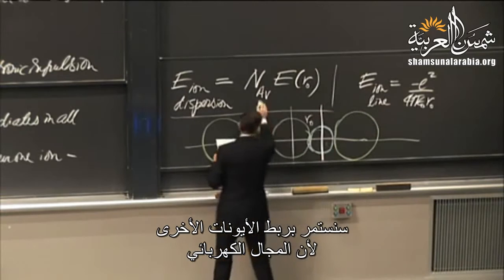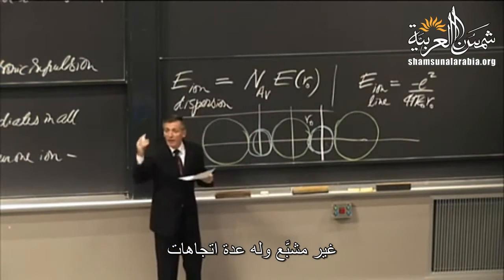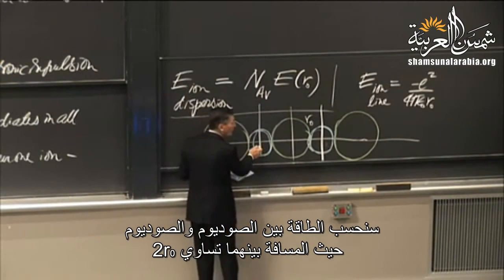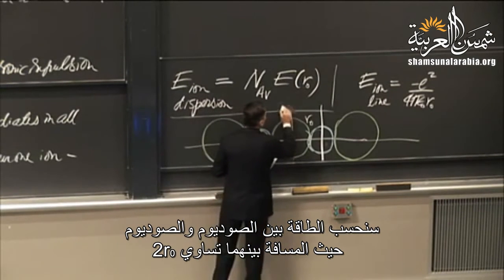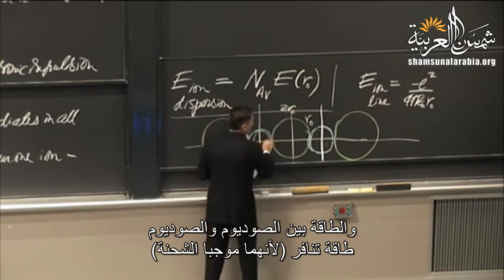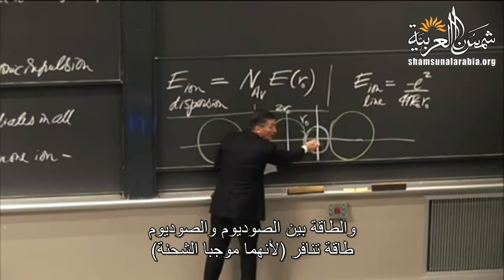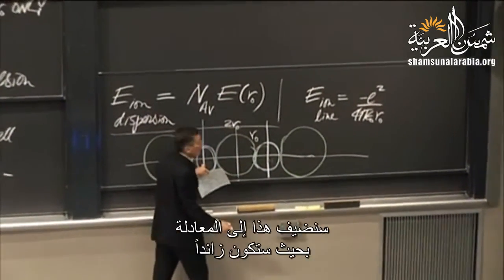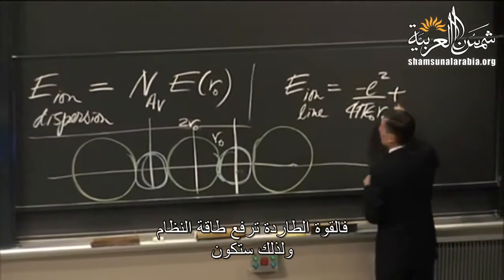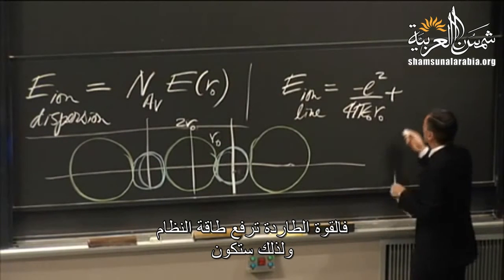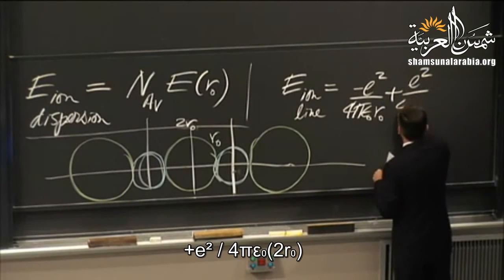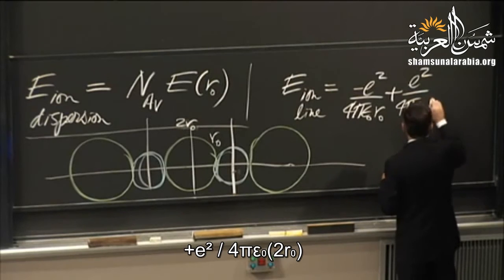I'm going to keep going because the field is unsaturated and goes in all directions. This sodium, a distance 2 r naught away, exerts a repulsive force on this sodium. So let's add that. A repulsive force raises the energy of a system, so that's plus e squared over 4 pi epsilon 0 times 2 r naught.